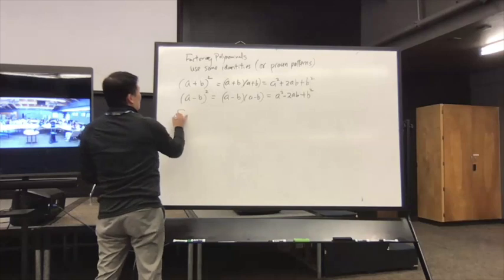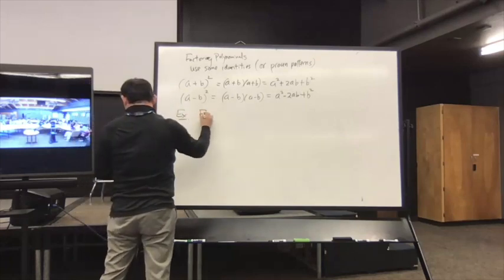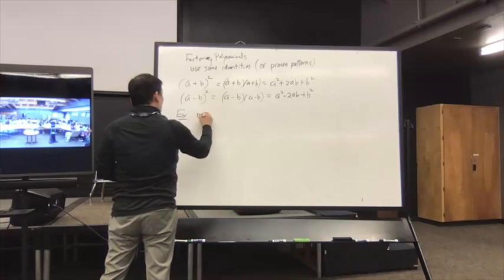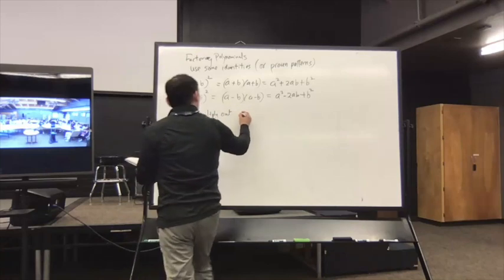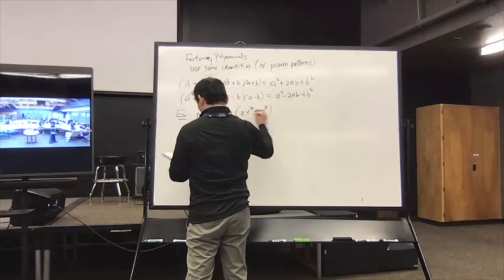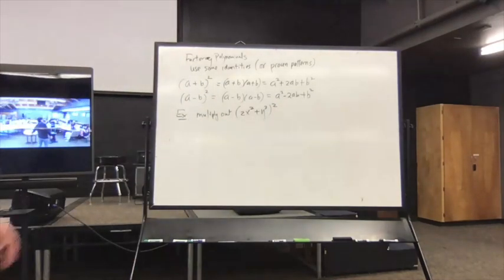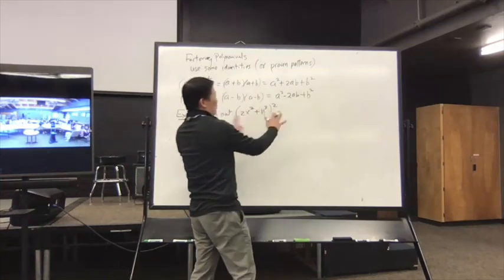So for example, how do you use this idea to factor? Multiply out 2x squared plus y cubed, squared. Now, you can do it by separating into two.